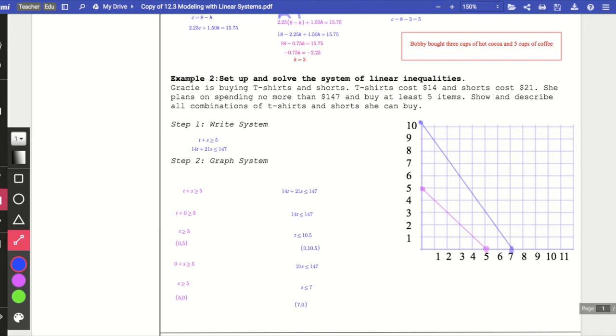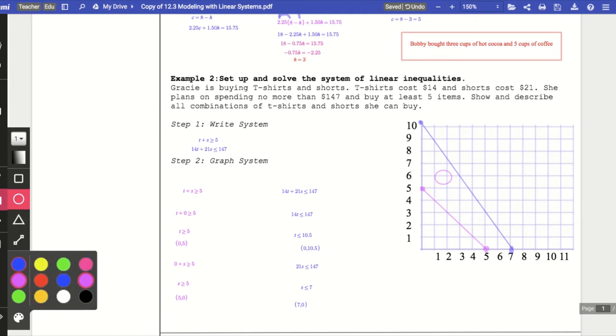Ideally the solution area should be here, but we just have to check with the blue line. For the blue line, I want all the t values that are less than 10.5, which happens to be below this line as well. So below the blue line.